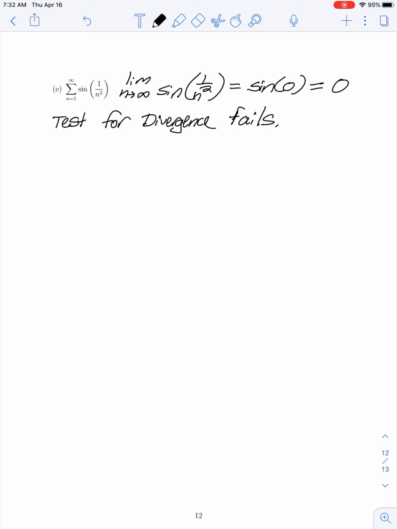If we had something other than a 0 limit, we could say this series diverges. But since it's 0, we don't know if it converges or diverges. Now, we can see pretty clearly that it is not a geometric series. It doesn't have the correct form. It is not going to be telescoping. There's no way to rewrite this such that the internal terms will cancel.